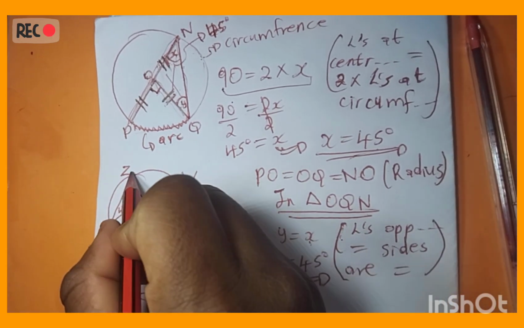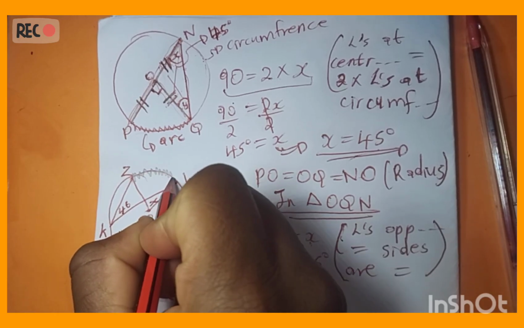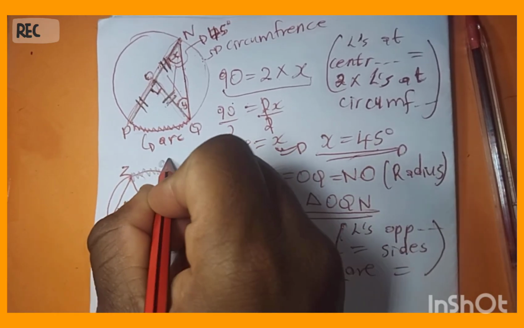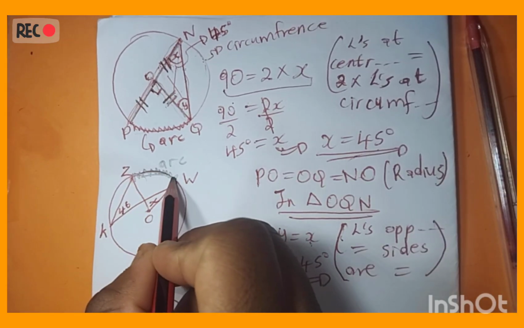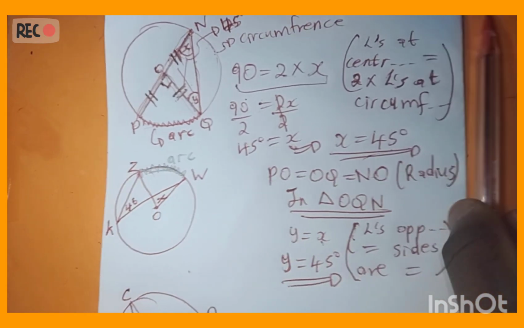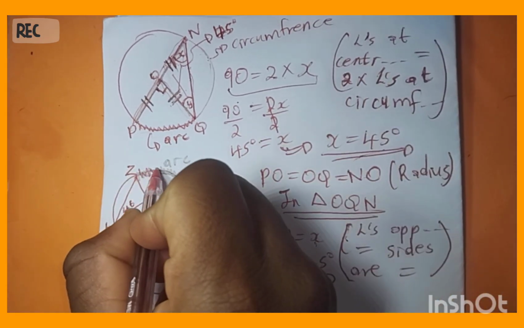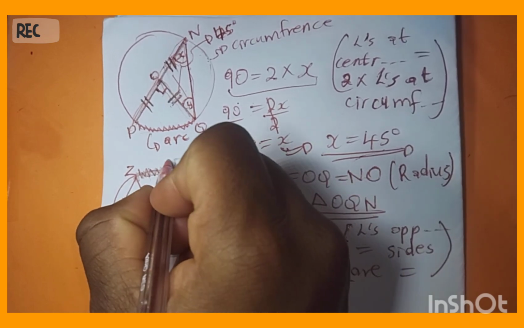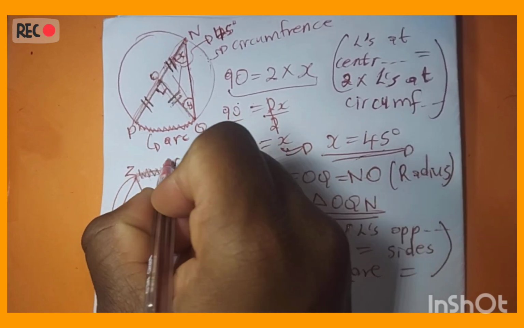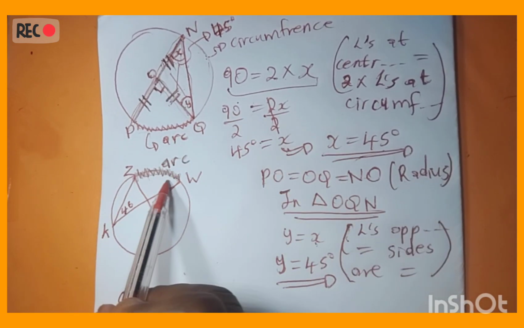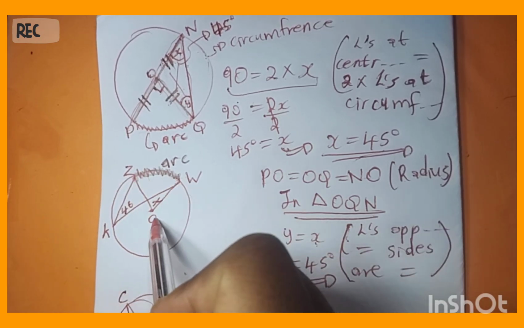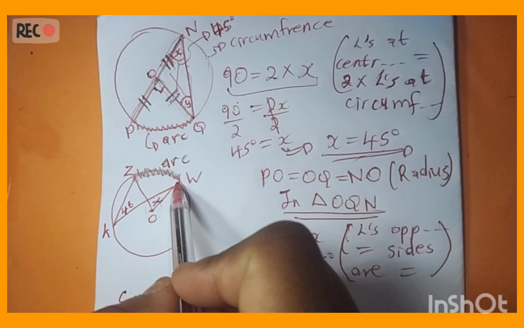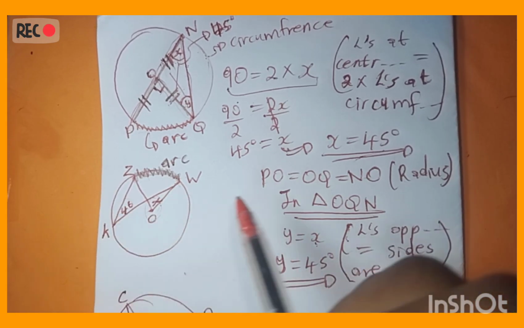Here we have what we call an arc. All of this thing there is an arc. An arc, don't forget what it is. An arc, guys, is a small portion of the circumference. Now the arc forms the angle at the center, which is twice the one it formed at the circumference.